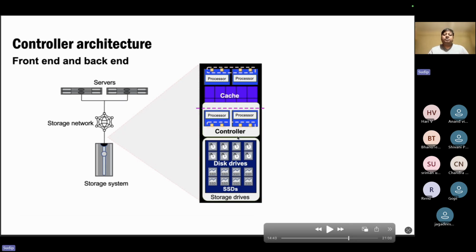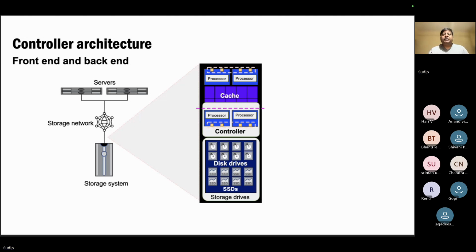Yesterday we understood what a storage controller is. We also learned what a hard disk drive and an SSD are. And we learned that hundreds and thousands of disk drives and SSDs can be attached together to make them work together so that petabytes of data can be written.